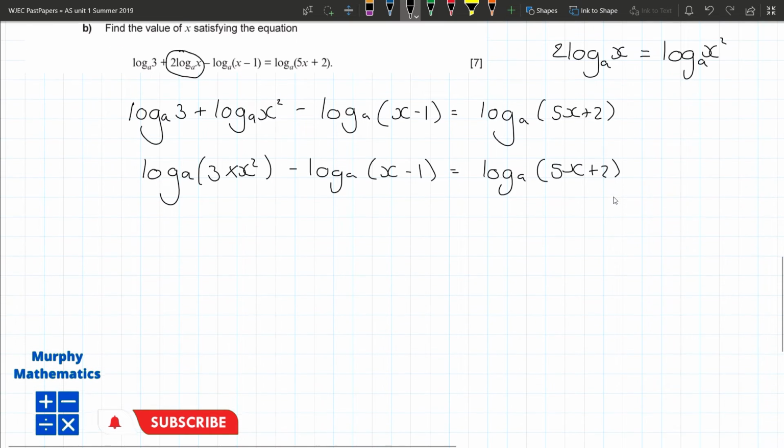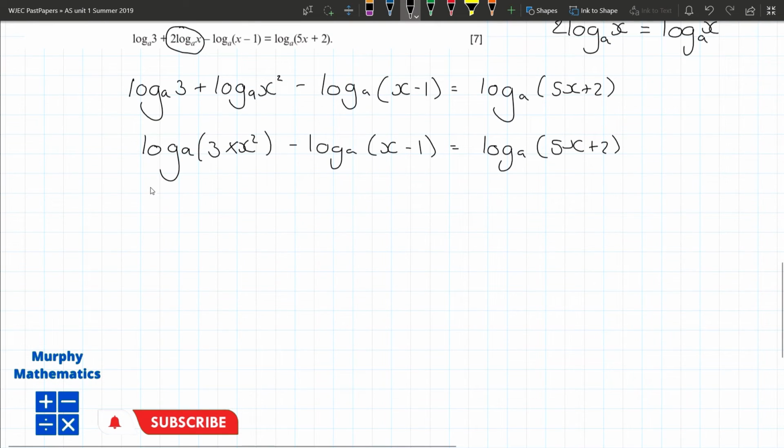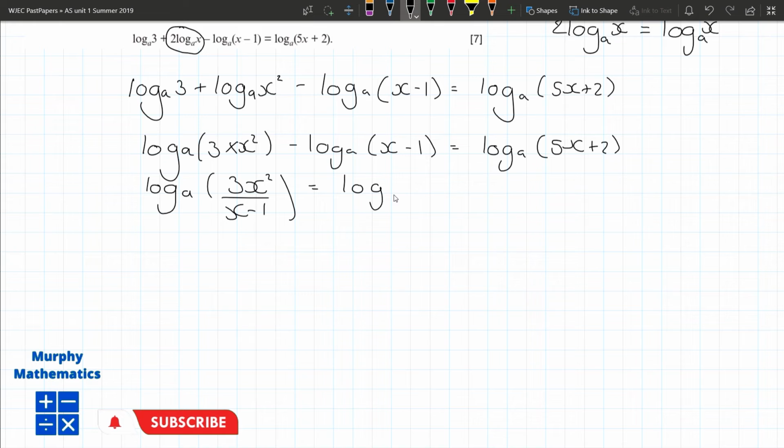Now using my minus log law, I'm going to have log a of 3x squared all over x minus 1, and that equals log a (5x plus 2).